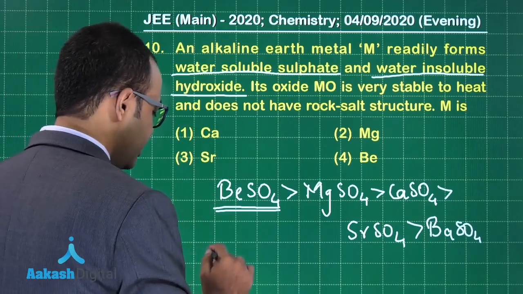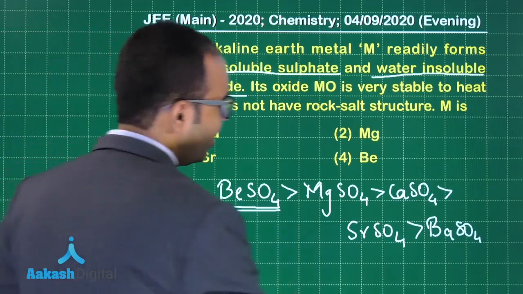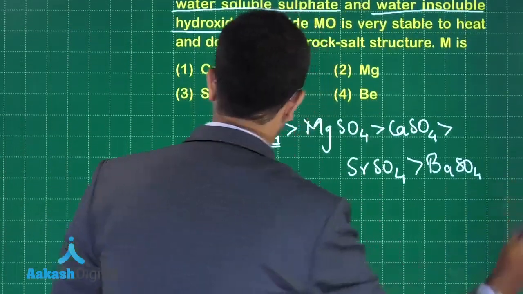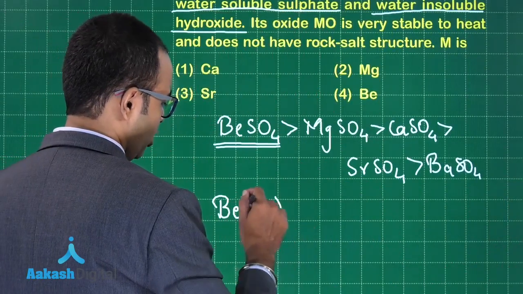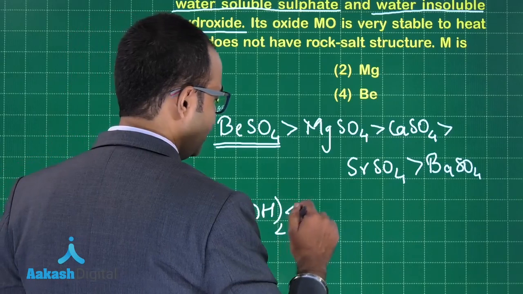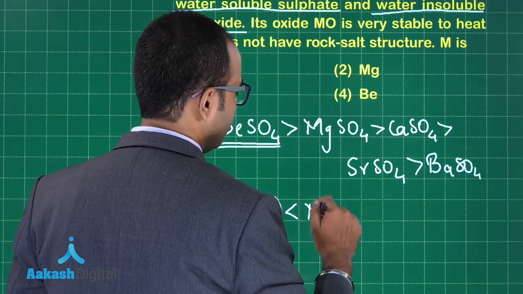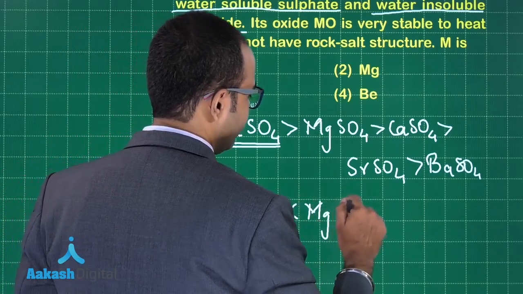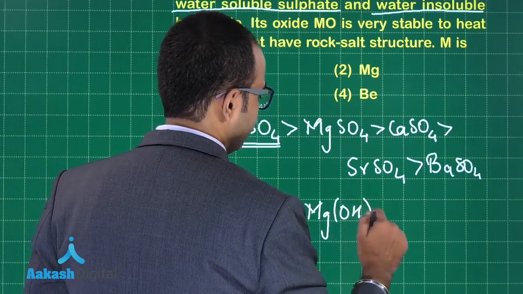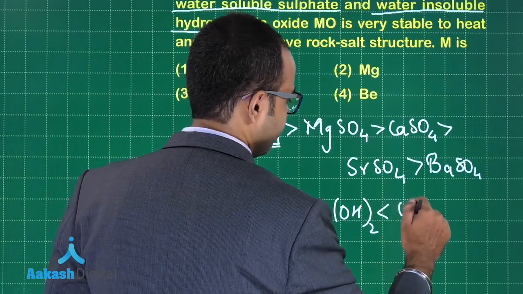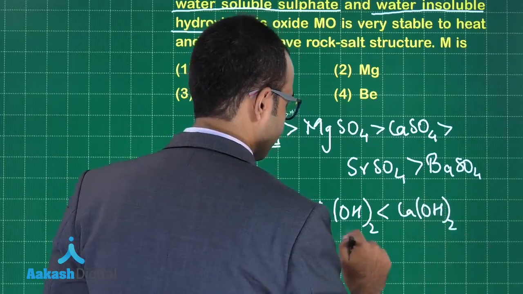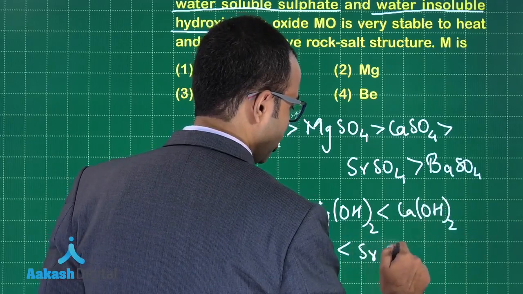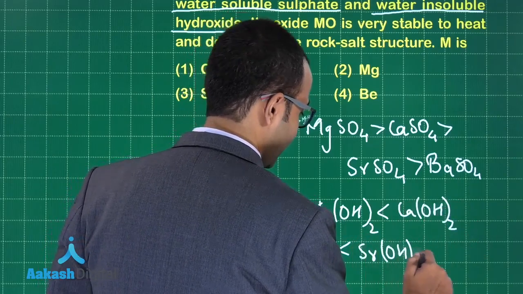Again, if I talk about the hydroxides, what happens with hydroxides, guys? Hydroxides, the solubility keeps on increasing as you go down the group. So most soluble hydroxide is barium hydroxide.